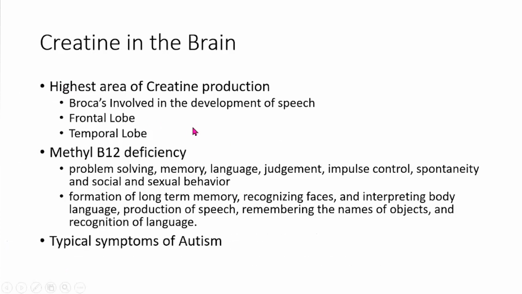Methyl B12 deficiency has all these problems. One of the reasons we know is that people with chronic fatigue who also have B12 deficiency have these problems as well. When it gets worse, and you have people with dementia or Alzheimer's disease, these are the problems they have, and low functional B12 is associated with this.